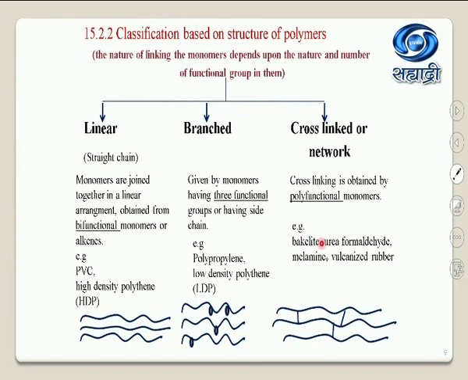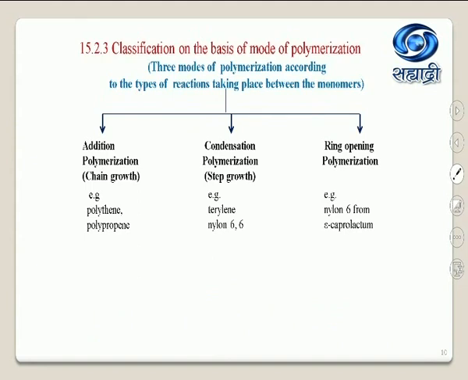For example, bakelite, urea formaldehyde, melamine, vulcanized rubber, these are the best examples of cross-linked or network polymers. Then polymers are also classified depending upon mode of polymerization. There are 3 modes of polymerization according to the types of reactions taking place between the monomers.